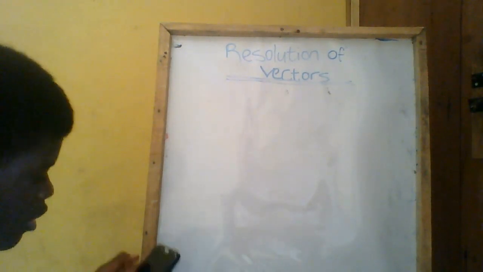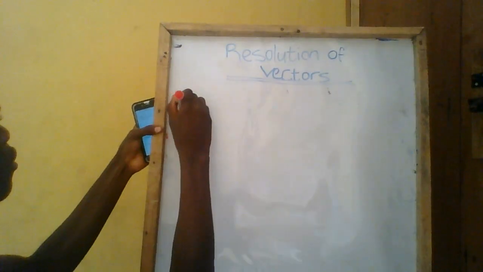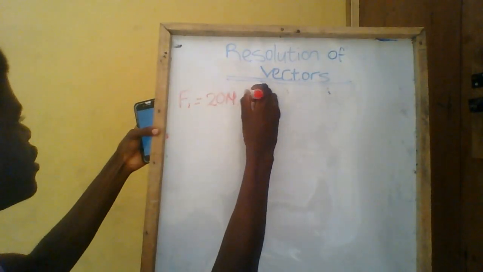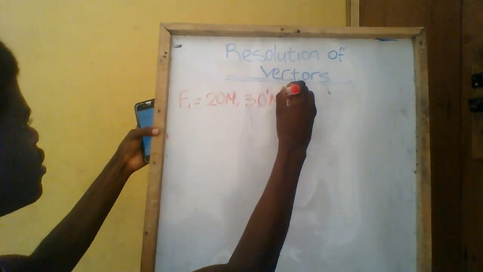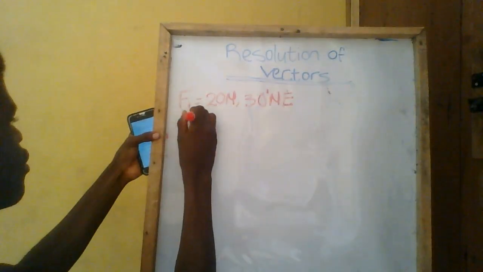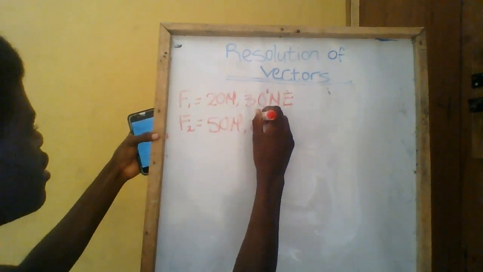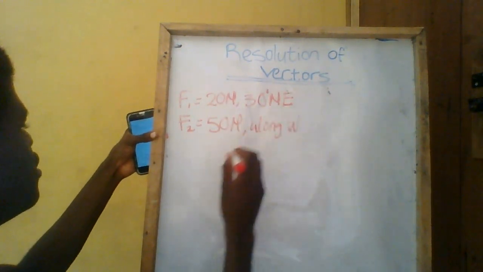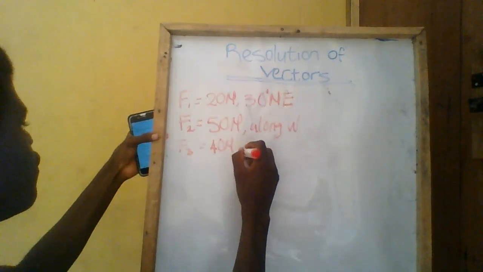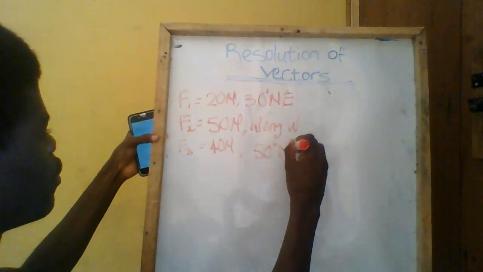They said, if three forces: F1 is 20 Newton, 30 degrees northeast; F2 is 50 Newton along west; and F3 is 40 Newton, 50 degrees northwest.